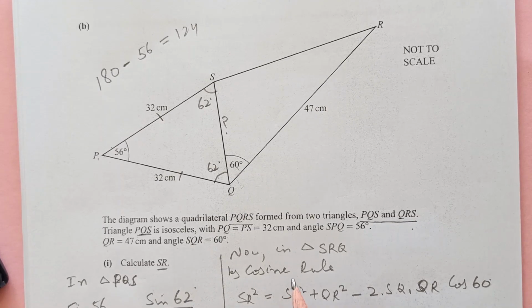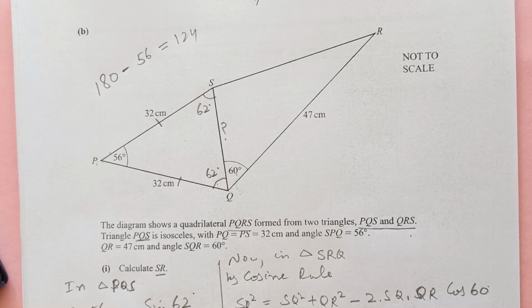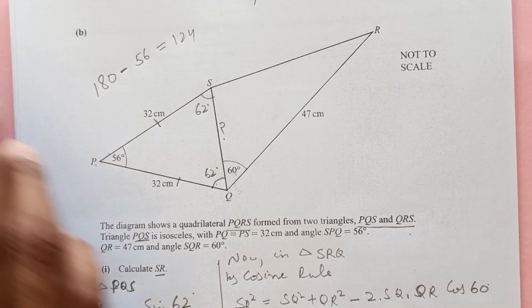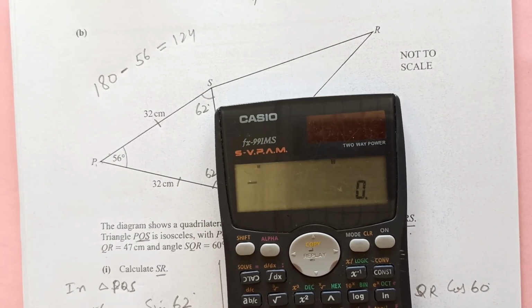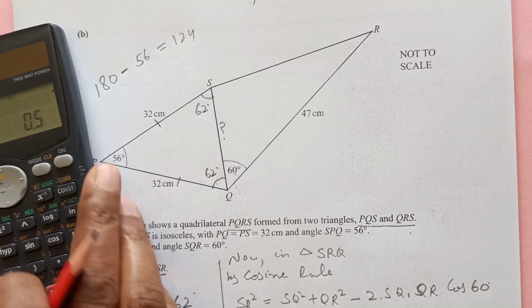SQ we just got, 30.04, and QR is 47. So 47 squared minus 2 times 30.04 times 47 times cos 60. Cos 60 is 0.5. So you calculate this one.